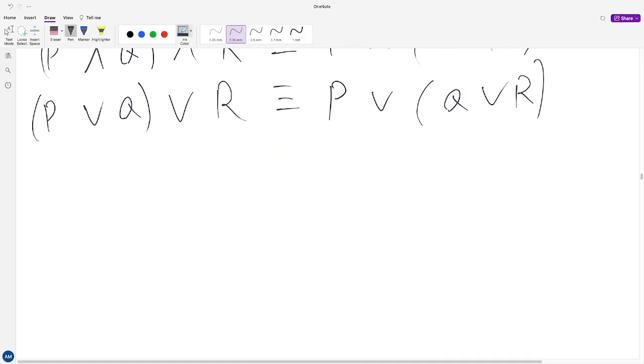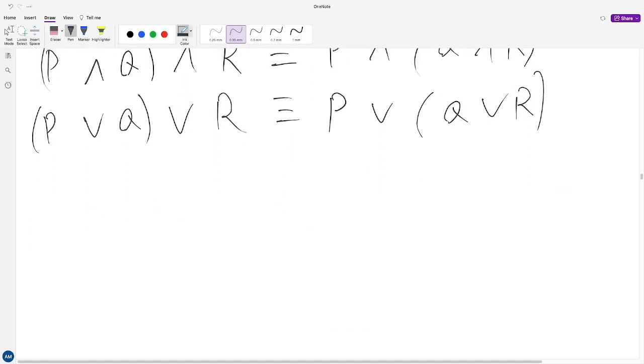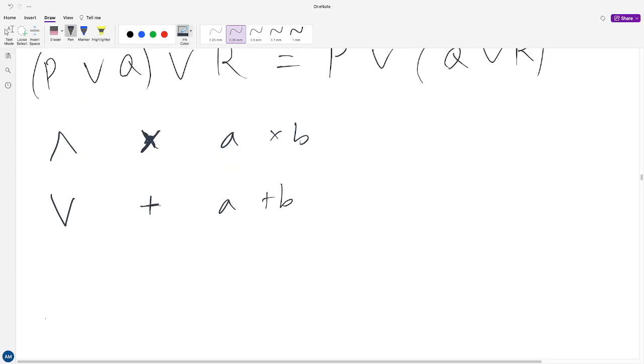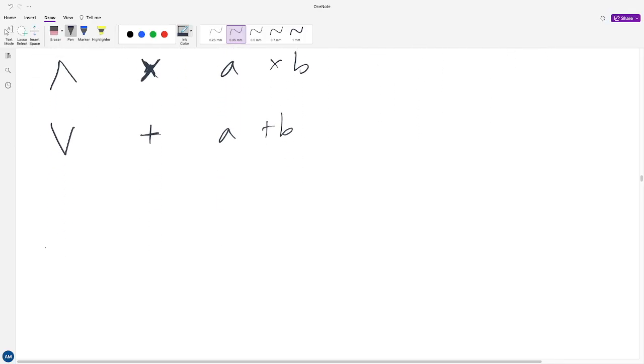We also have a distributive law. If you want to think about the and symbol as being like a multiplication symbol, like a times b, and if you want to think about the or as being like addition, like a plus b, then we have this distributive law in arithmetic.